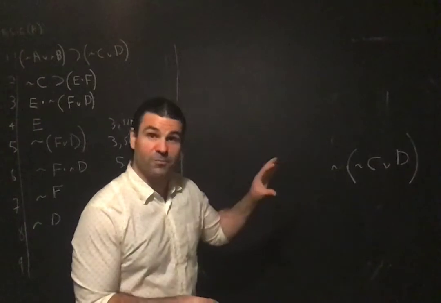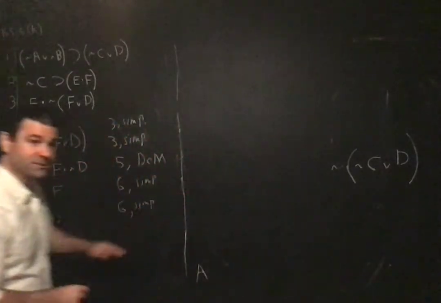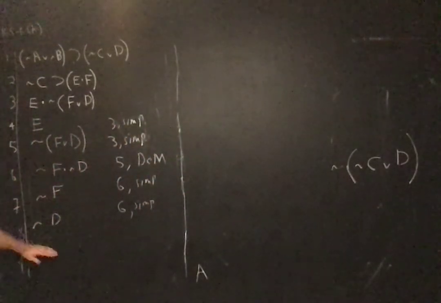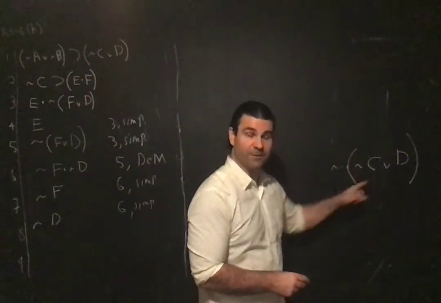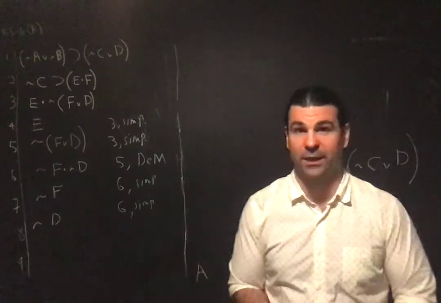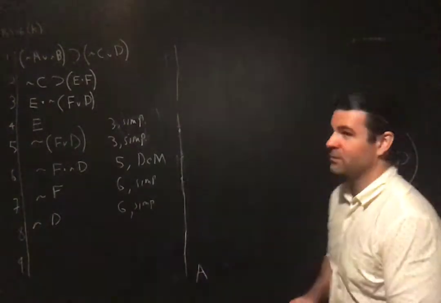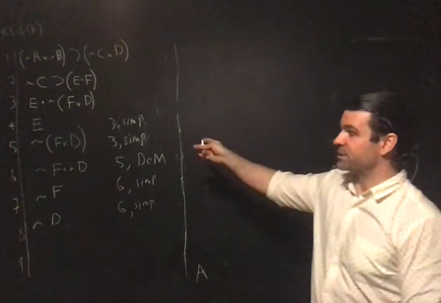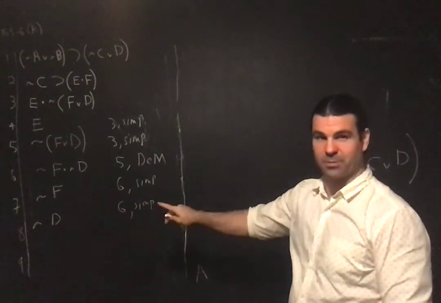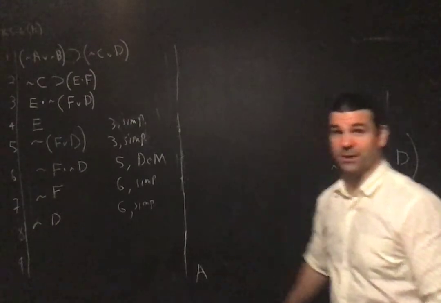I've made a lot of progress in my proof. I haven't written anything else down beyond the top-down reasoning I did, but I've made a lot of progress in realizing that this specific formula is what I need. When I get it, I'm home free. Once I get that, I do the modus tollens with that and 1, and then it's just De Morgan's, simp, double negation, and I'm done.